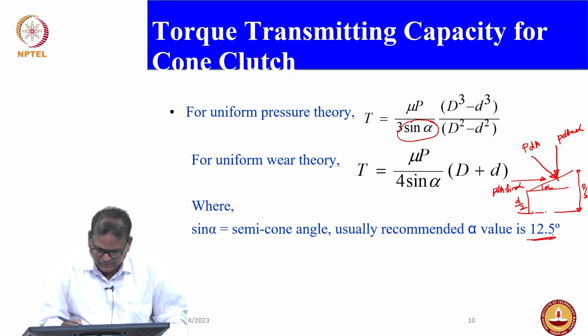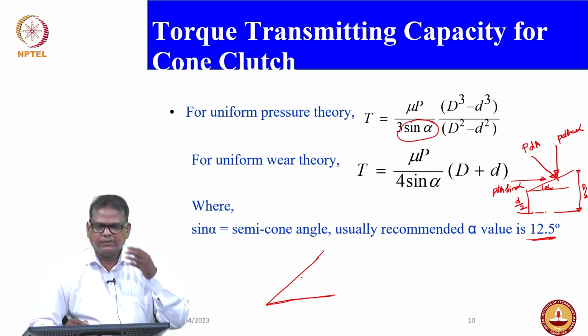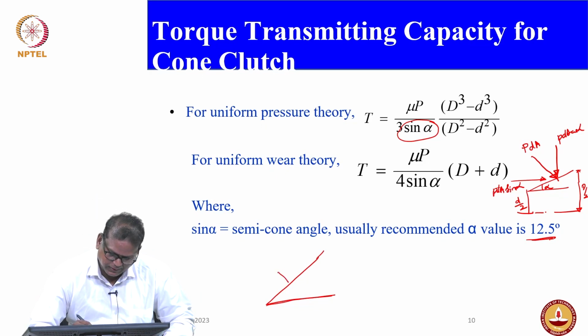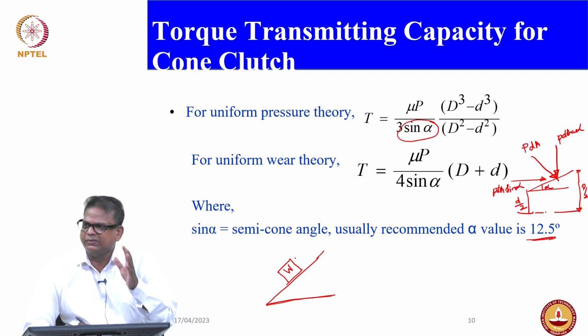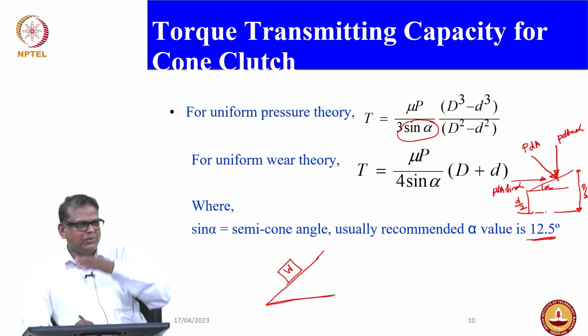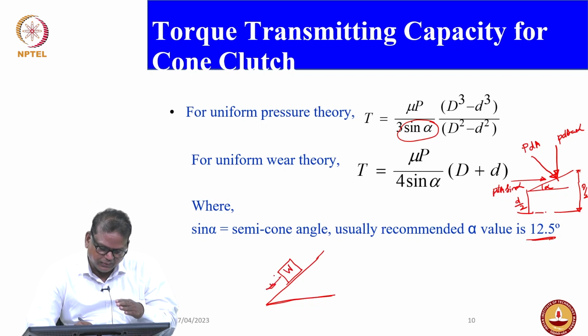So let me explain one more concept. The cone angle should be lesser than a certain angle. Assuming this is a slope, I have a block, and the load is W. When do you expect the block will slide, at what angle?